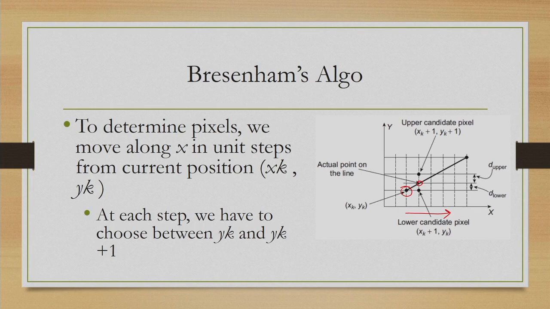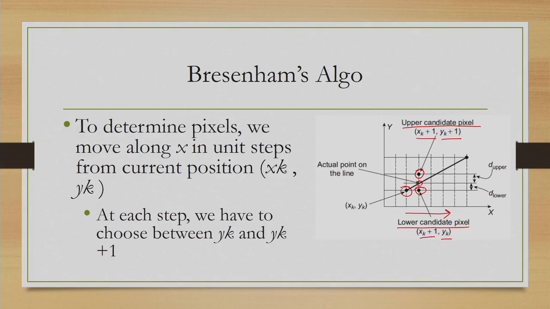So, we need to map it to the nearest pixel grid point. Now, there are two potential candidates for that. One is the upper candidate pixel, that is x k plus 1, y k plus 1, and the other one is the lower candidate pixel, that is x k plus 1, y k, and we have to choose one of those.